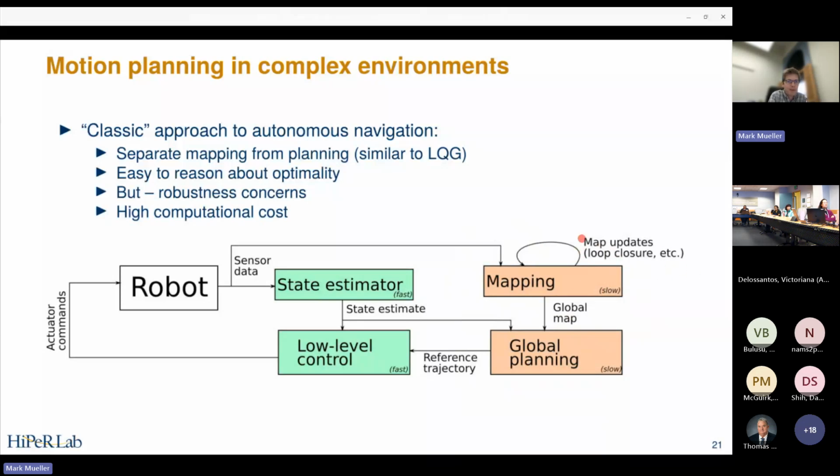So if the map that I'm building of the world has a mistake in it, so I have a false loop closure or something, and I have a map that does not represent reality, generating a plan through this map and tracking it might lead to disaster because that map is incorrect, right? And the fragility happens in these connections, especially this connection between mapping and planning, where this connection leads potentially to issues.